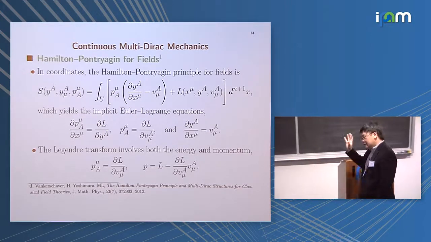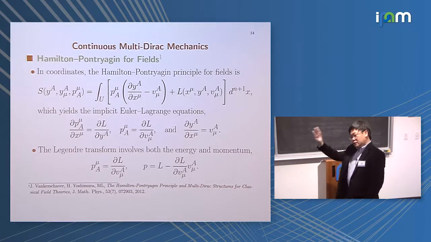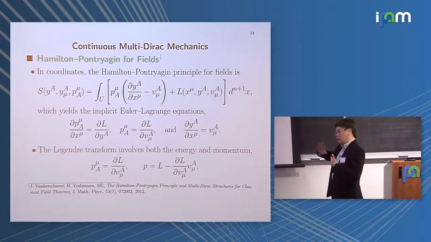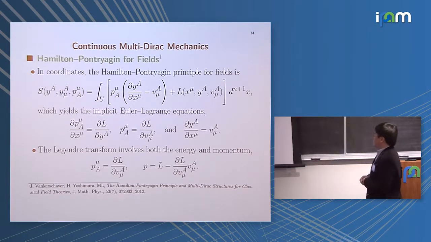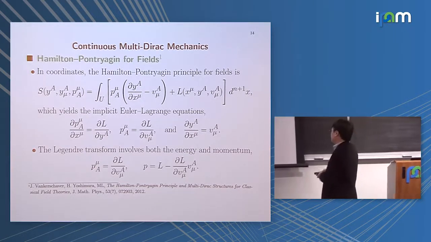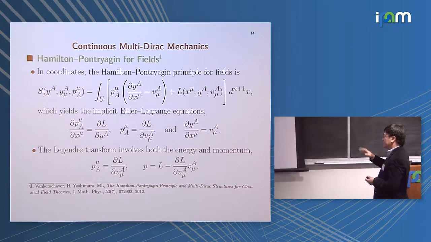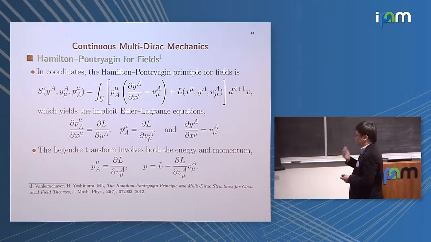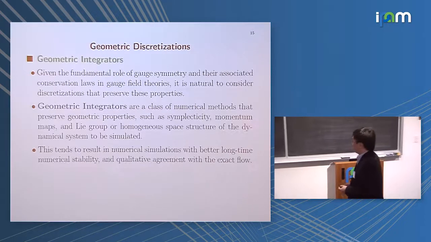But the problem is that the space-time diffeomorphism symmetry acts on the full space-time, and it doesn't preserve the slicing. So if you prescribe a slicing, you won't have the full space-time diffeomorphism symmetry acting on this object. That interferes with our goal of constructing methods which exhibit all these conservation properties associated with the full space-time diffeomorphism symmetry. That's the reason why we've been taking this space-time point of view as opposed to the infinite-dimensional time-parameterized point of view.